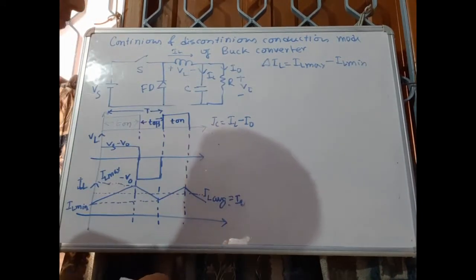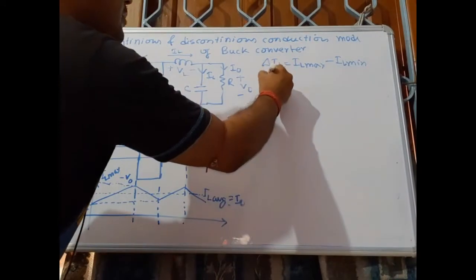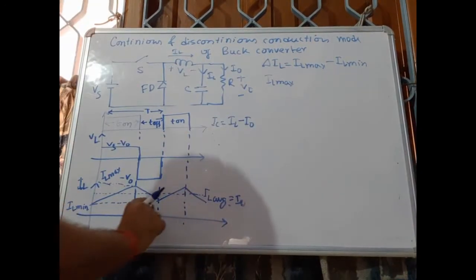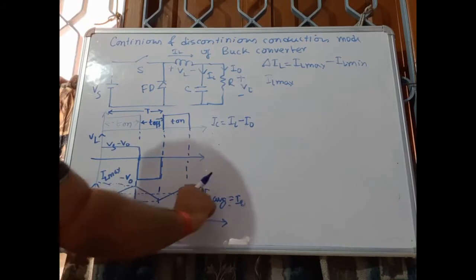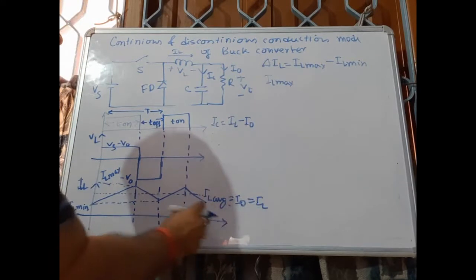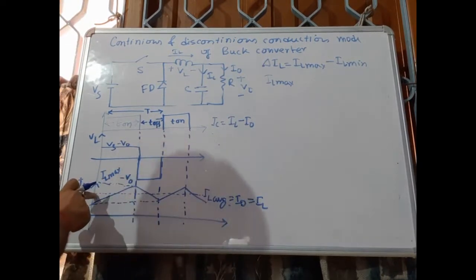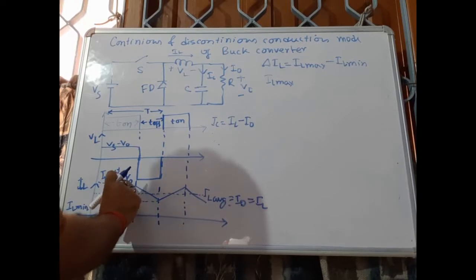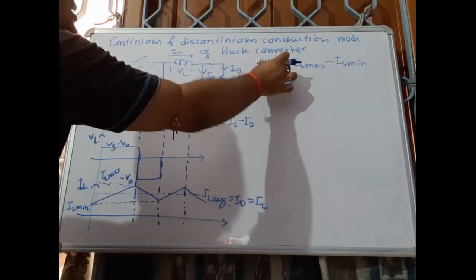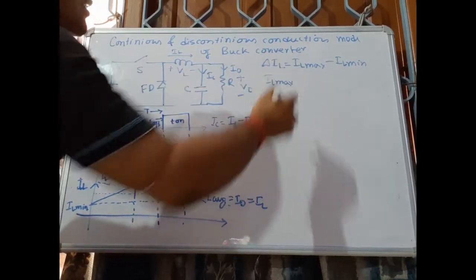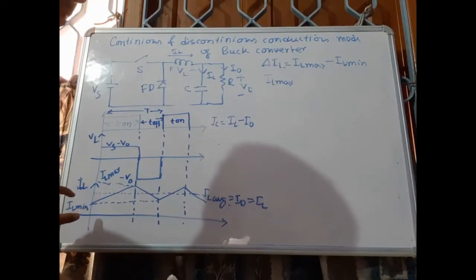Now, what is IL max? You can see from this figure that IL average can be written as IL as well, and the total current difference is divided by 2.